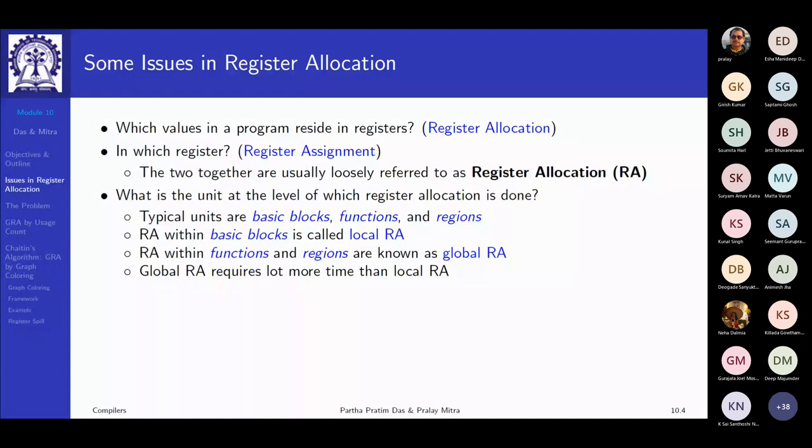Right? So that is known as the register assignment problem. Obviously, if you know register assignment, you know register allocation, but not the other way around. But usually we solve both of these problems together, and they are loosely referred to as the register allocation problem. So unless otherwise specifically mentioned, when we talk about register allocation, we will mean allocation as well as assignment.